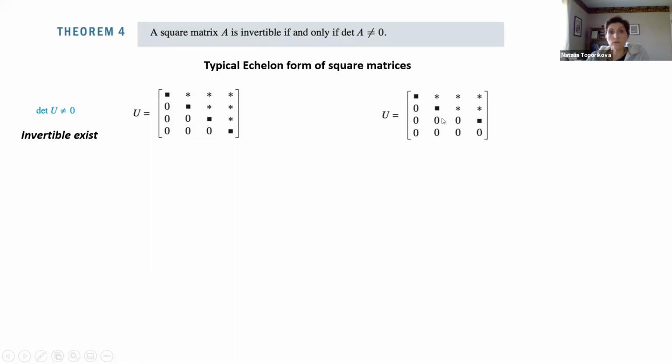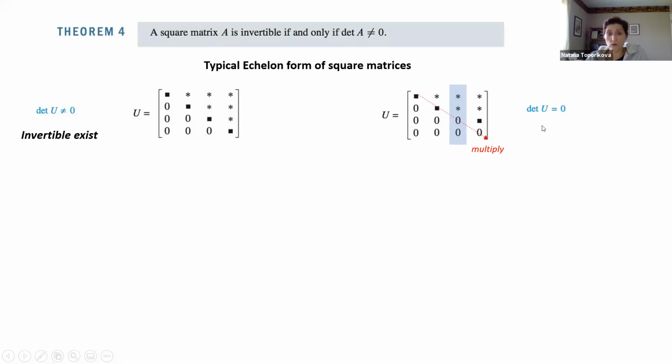So what if we are not as lucky? What if our echelon form matrix is missing a pivot element in some of the columns? It's still a triangular matrix, so we can multiply the diagonal elements, but because some of them equal zero, it inevitably gives us a determinant equal to zero.